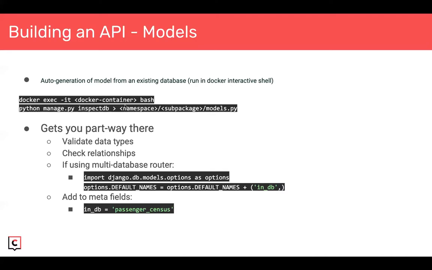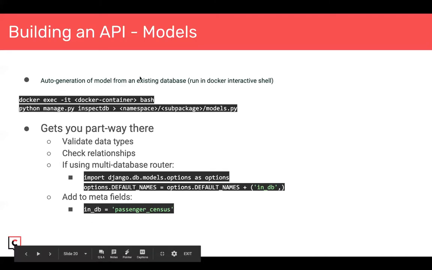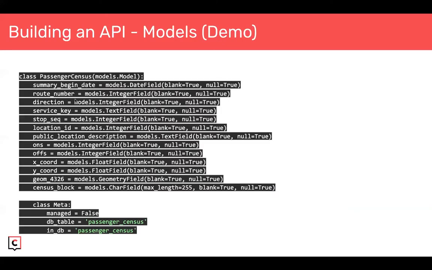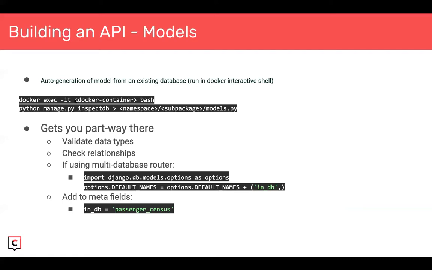Where is manage.py in our cookie cutter? I couldn't find it. It's not actually in the cookie cutter itself, it's in the Docker image. Oh, okay, so we'd have to go into the Docker image and it would be there. Yeah, that's where I'm coming from with docker exec: you're going into the interactive shell and running this command within the container.